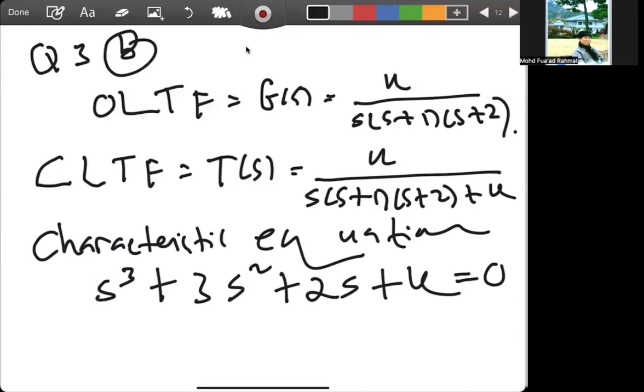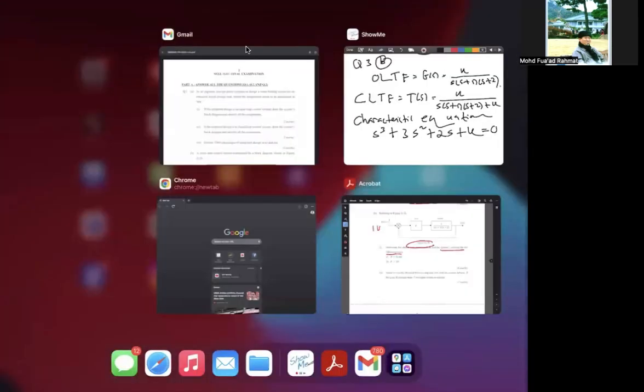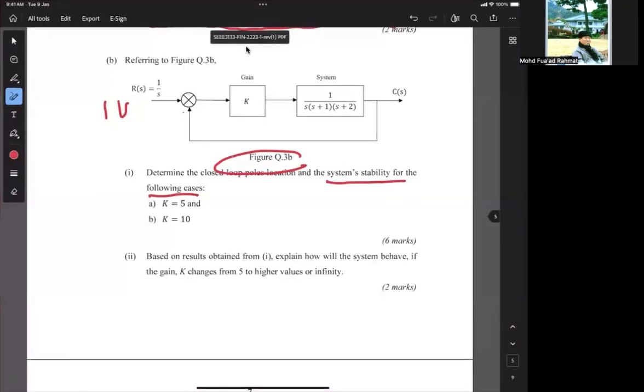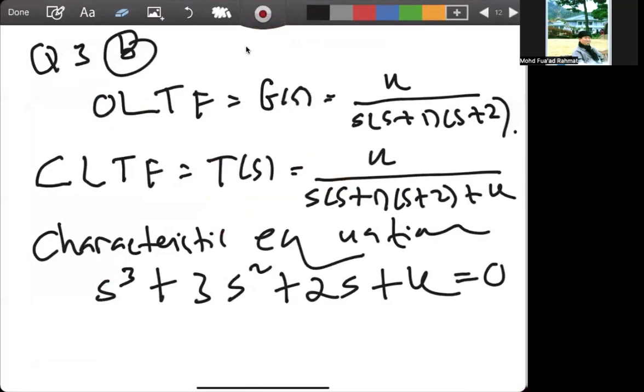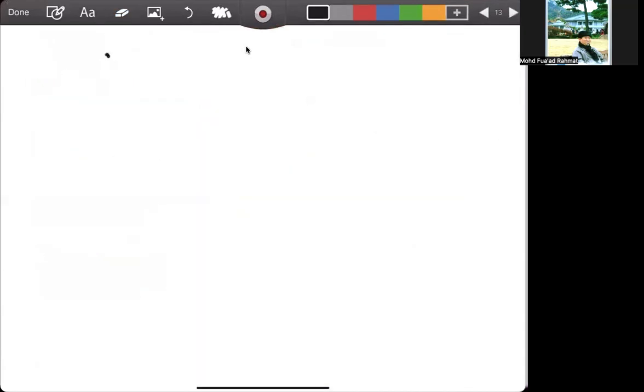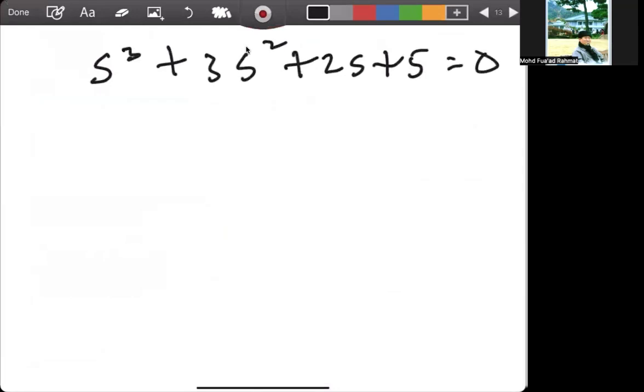So the question asks for system stability when K equals 5 and when K equals 10. So just substitute K equal to 5 and see what happens: s cubed plus 3s squared plus 2s plus 5.